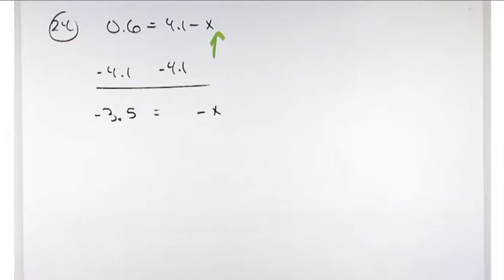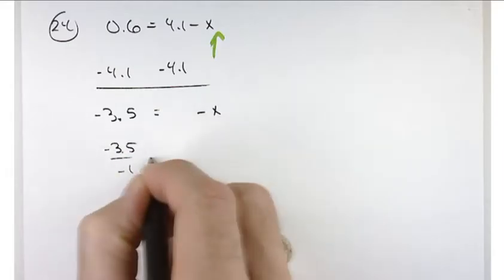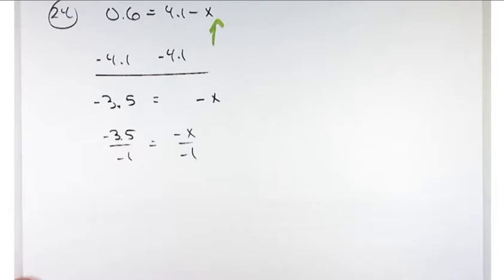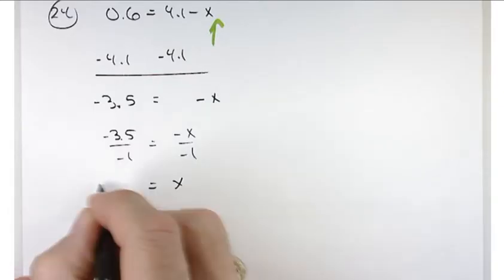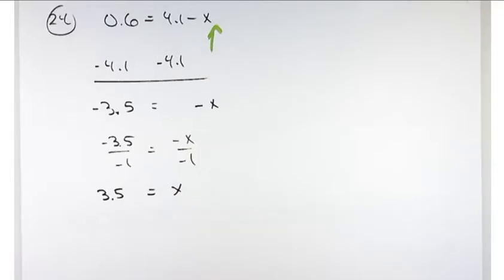We got to make that a positive x, so you can divide or multiply by negative 1. Most people seem to think of this as a division, so I'll follow suit. If you divide both sides by negative 1, we get x equals 3.5. Nice.